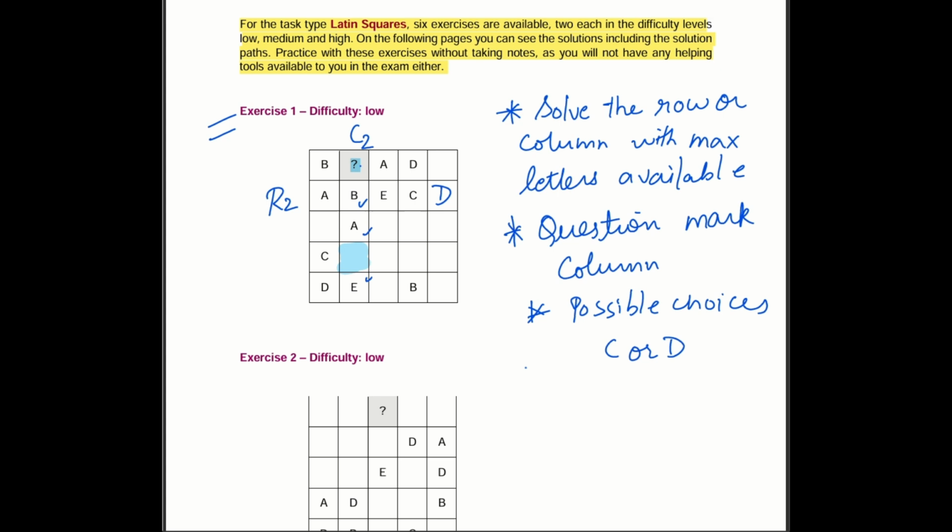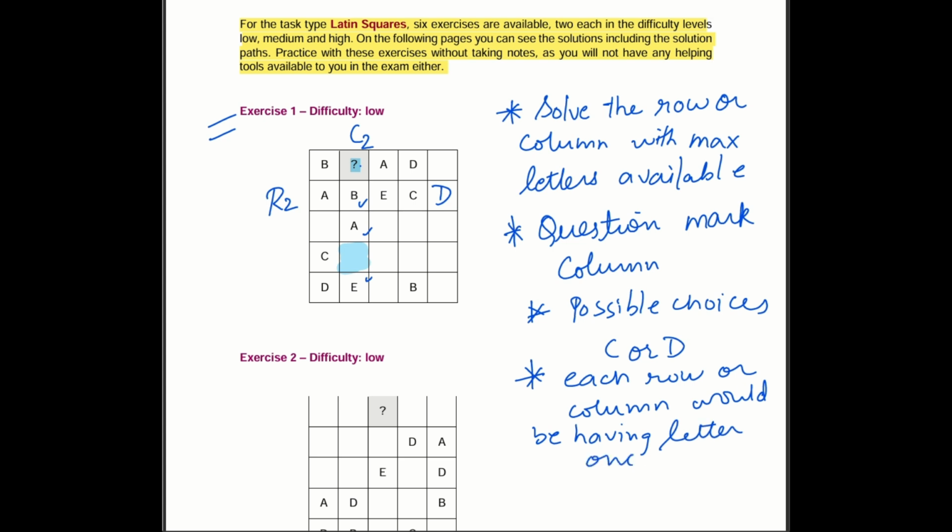Okay. Now, the next rule is each row or column would have each letter once only. These rules should be in your notes only.